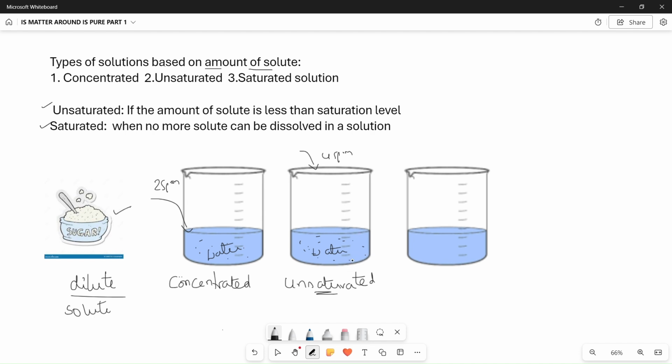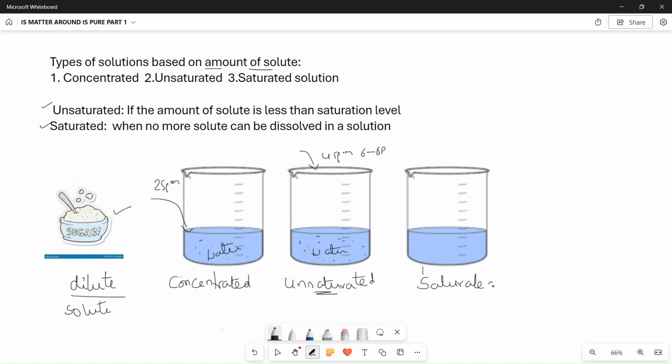At one point, when you add some more spoons, like the sixth or eighth spoon, there is a level where this water cannot dissolve even 1 crystal of sugar anymore. That state is called a saturated solution.